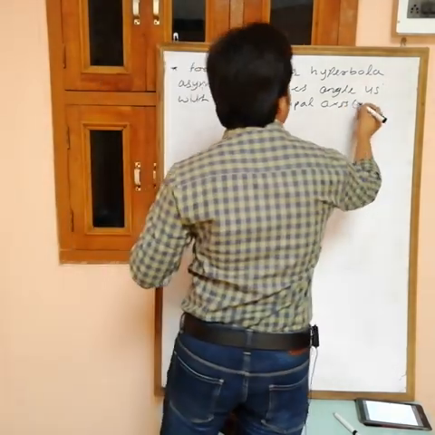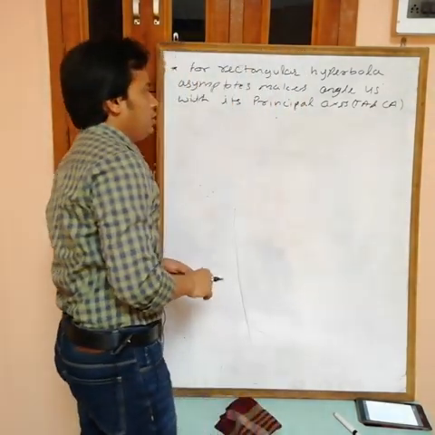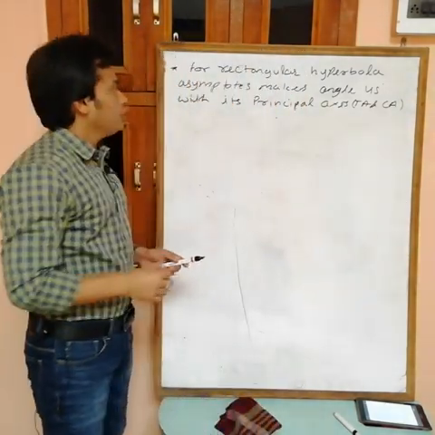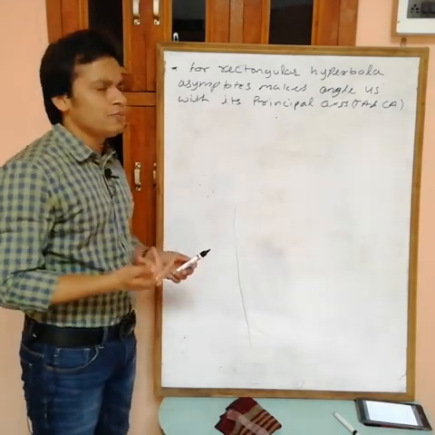Principal axis means the transverse axis and conjugate axis. These are the axes of the hyperbola. So for a rectangular hyperbola, asymptotes make an angle of 45 degree with its principal axis.